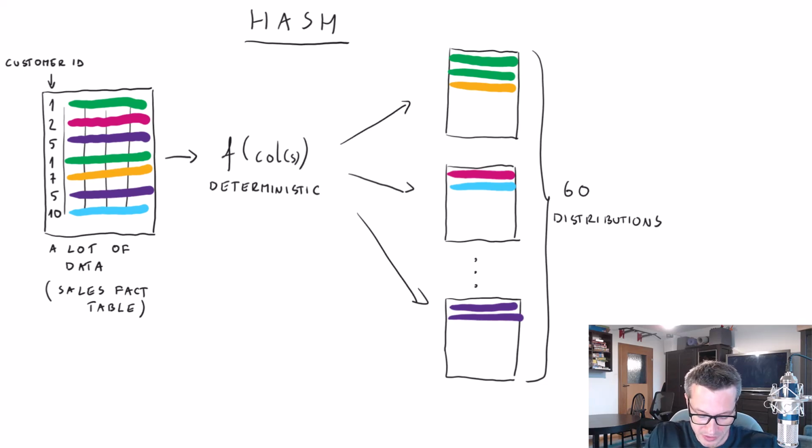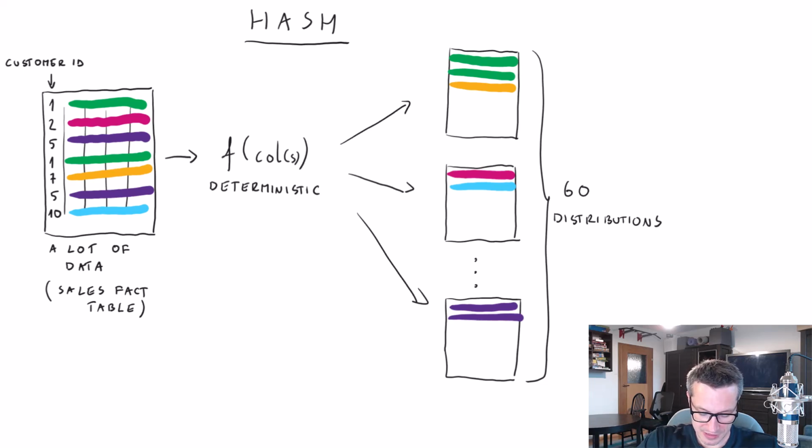So you should see a pattern already that rows with the same value of our column that we'll use for hashing will be stored on the same distribution. And this is important because that's the way we can guarantee that the similar data would be stored in the same place. Alright, but why should we care?